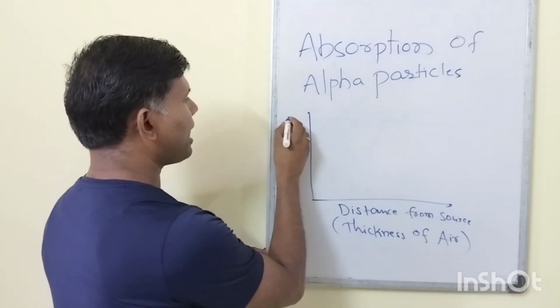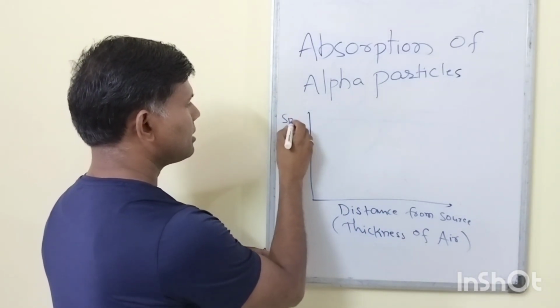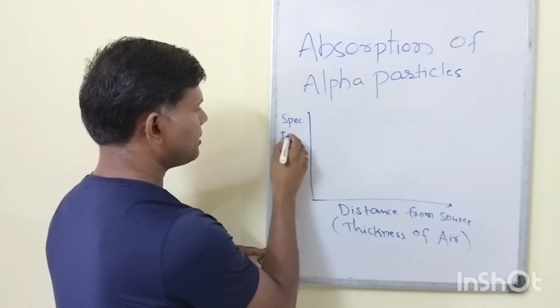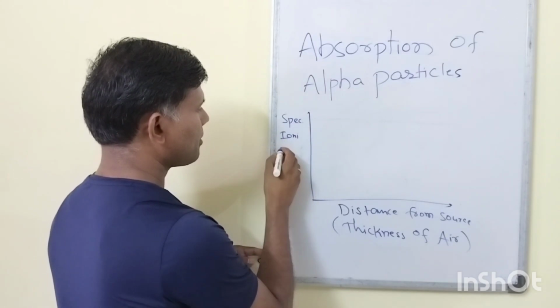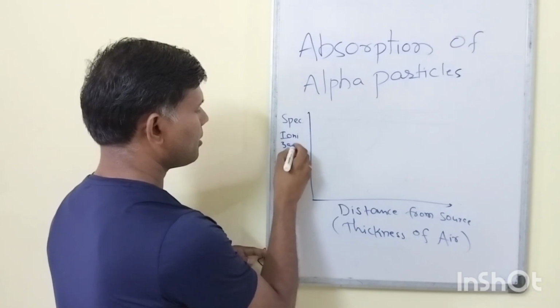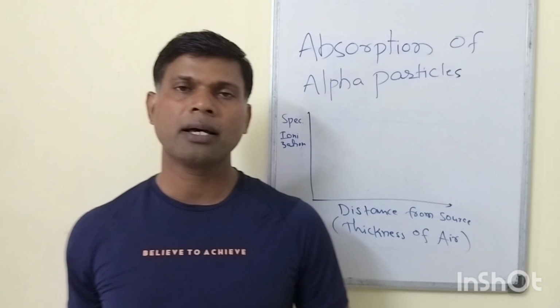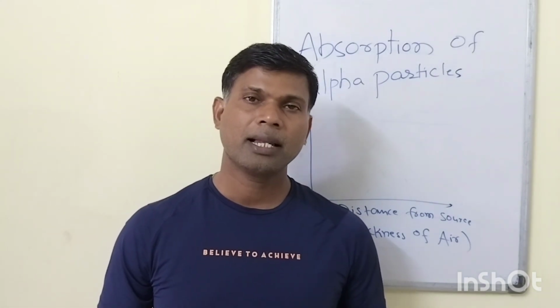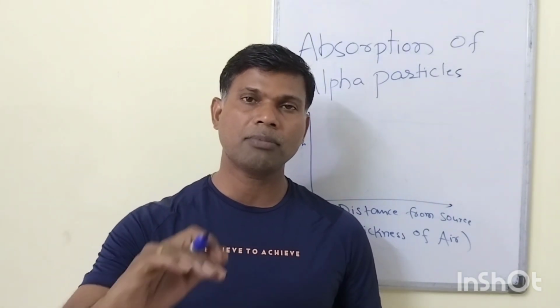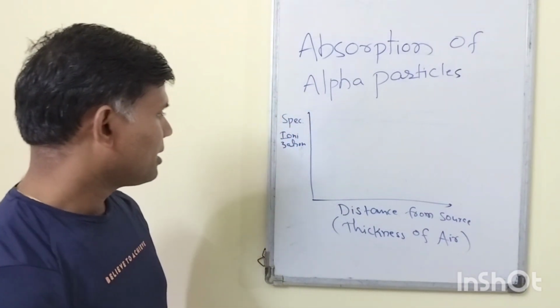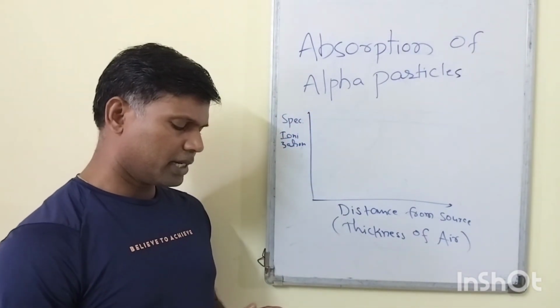So this is specific ionization, that you know, the number of ion pairs per meter length of the path traveled by the charged particle. Okay. What do you guess first?